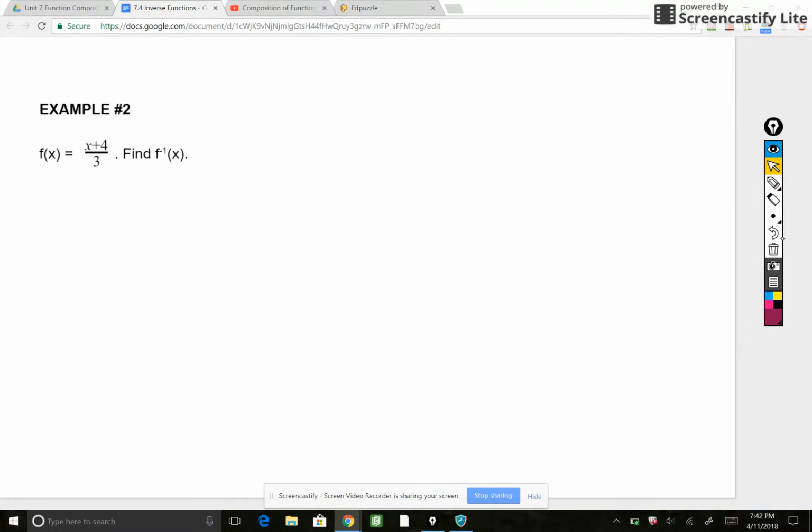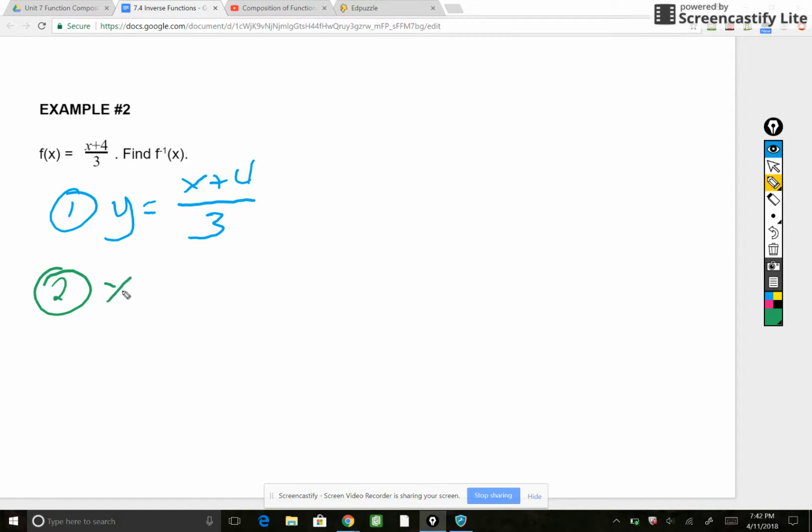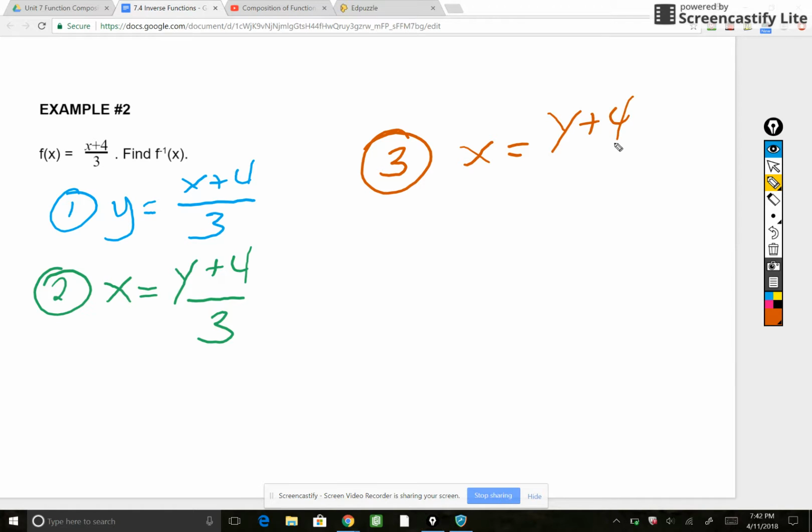Go to example 2. So step 1, write it as y equals. So I got rid of my f of x and I wrote it as y equals. Step 2, switch your x and y. So my x is going to go to my left. My y is going to go up here with my plus 4. Step 3, solve for y.